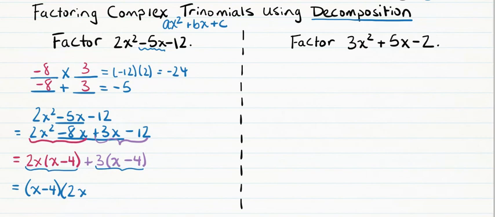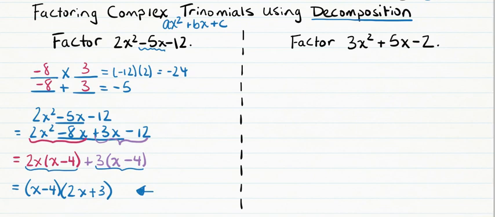In other words, 2x times x minus 4 divided by the common factor of x minus 4 leaves me with 2x. Same thing for the second term: if I divide it by x minus 4, I'm left with a positive 3. This is our fully factored form: x minus 4 times 2x plus 3.